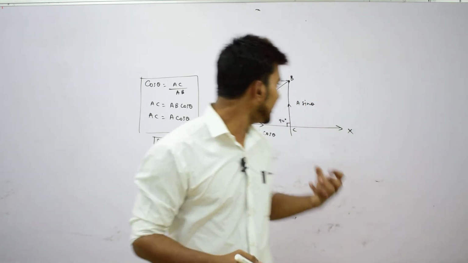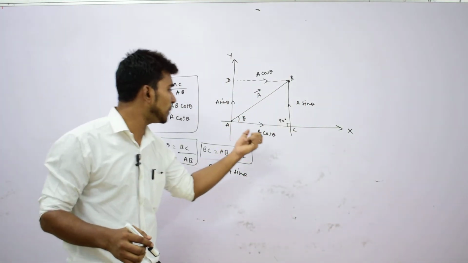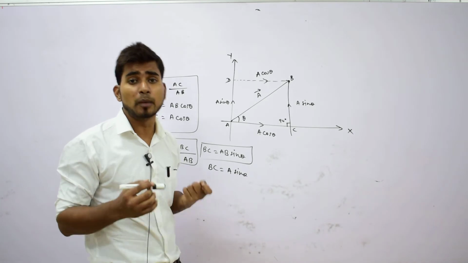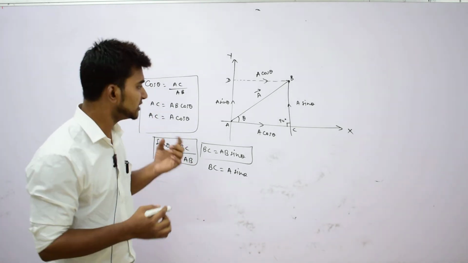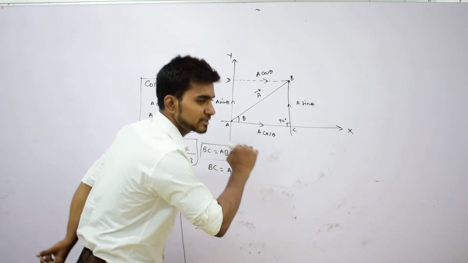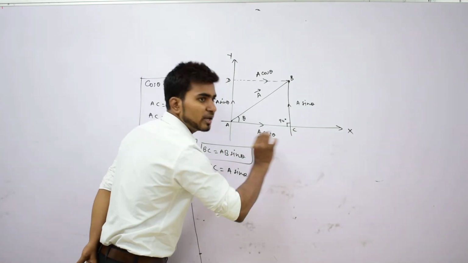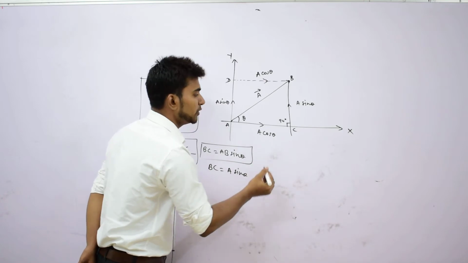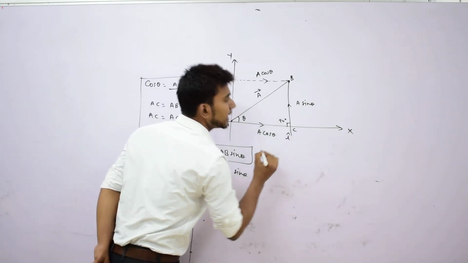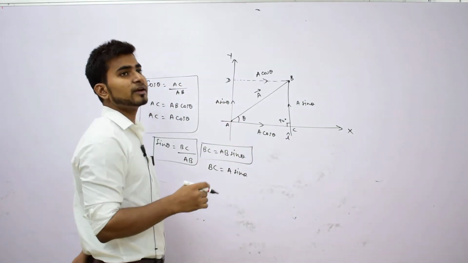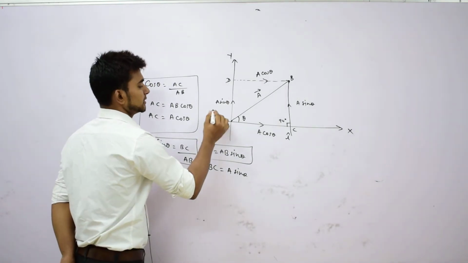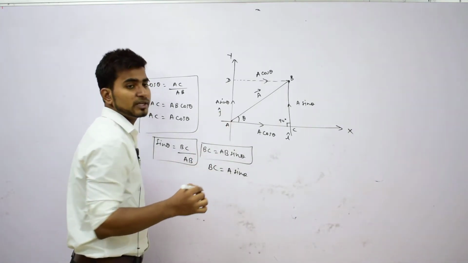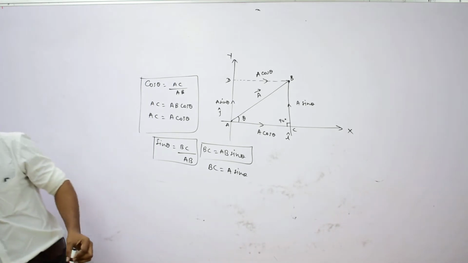Now how can we express this vector with the help of its horizontal and vertical components? This is also important. Just see here what I explained just now: for denoting the positive x-axis with unit magnitude we use I cap, and for the vertical or y-axis the directive vector is J cap.